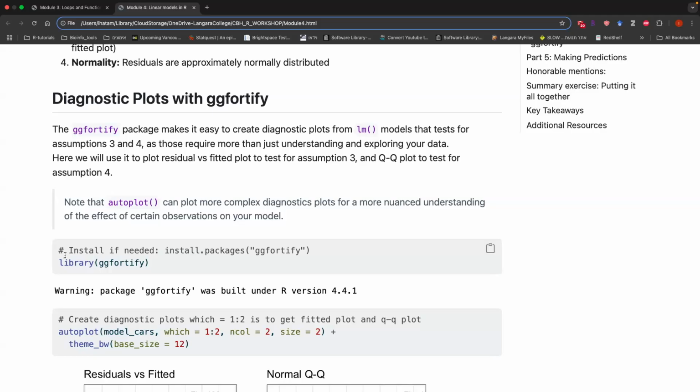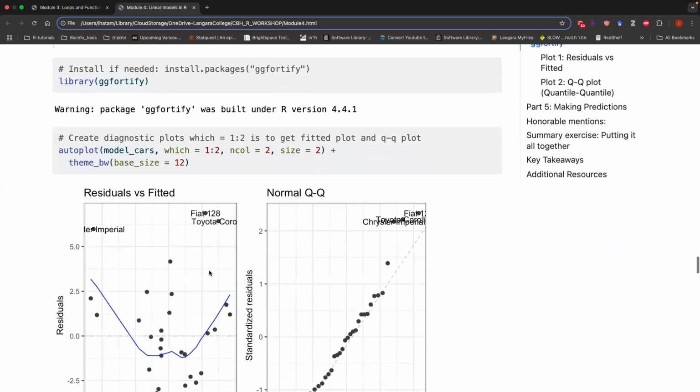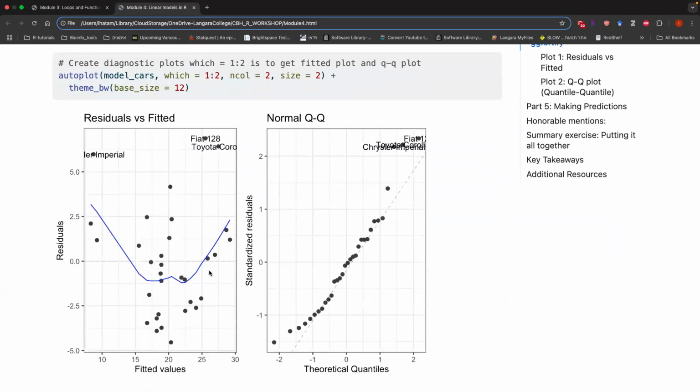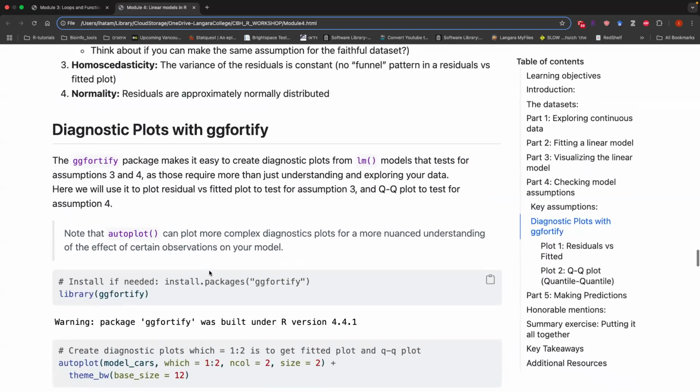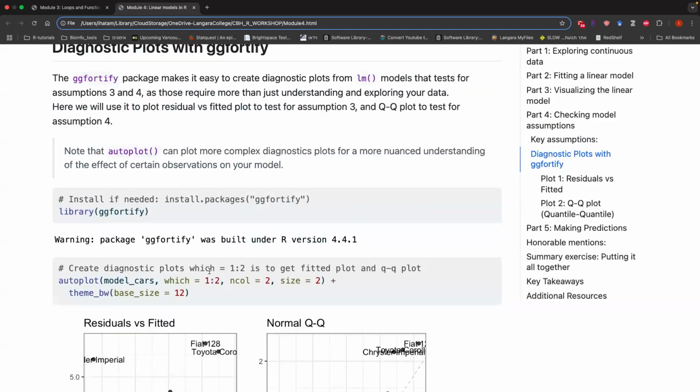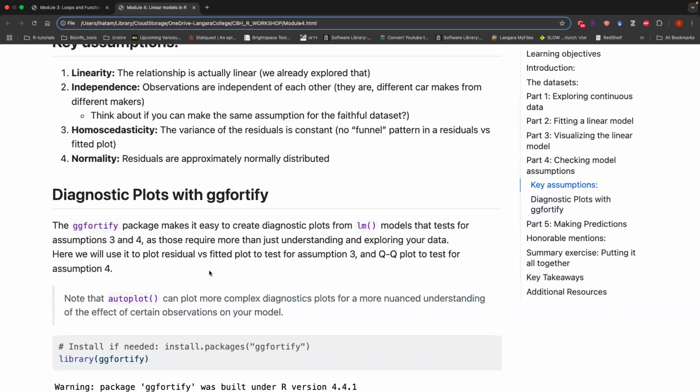And then try running library. Oh, so let's just do this. Okay, we good? All right.